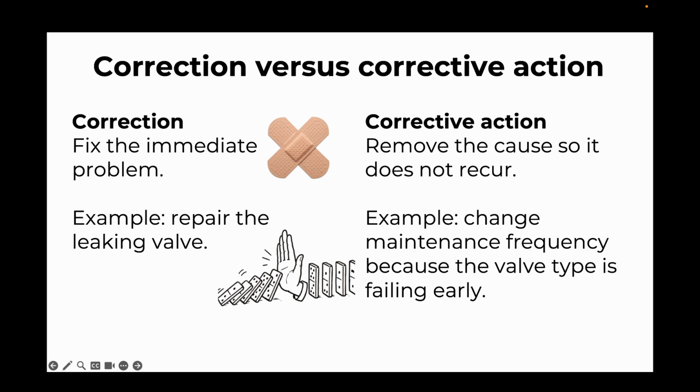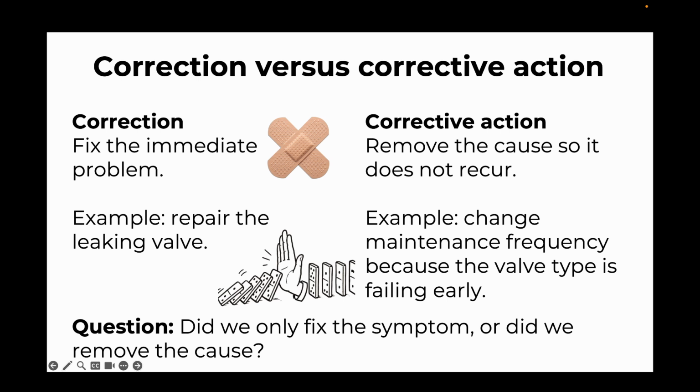For example, BlueRiver discovers that the valve type is failing earlier than expected. So it changes the maintenance frequency, changes the valve specification, or modifies the operating condition that causes premature failure. So the practical question is, did we only fix the symptom or did we remove the cause?